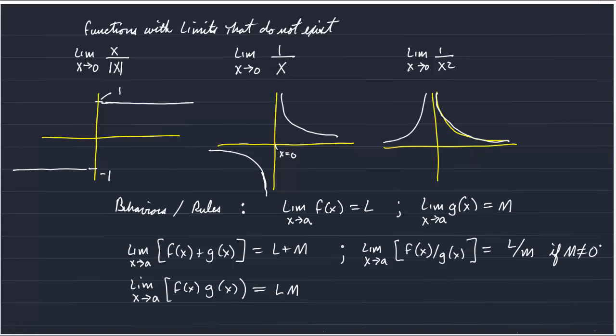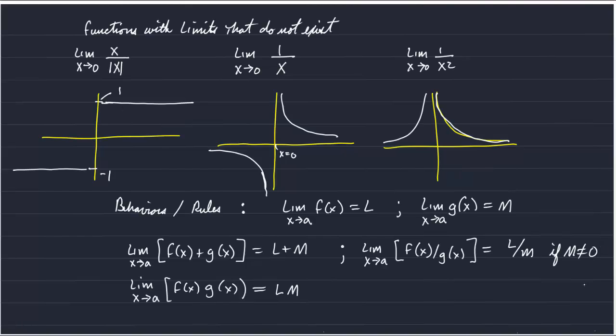Okay, so now let's talk about the indeterminate form. So the indeterminate form would be if m is equal to 0. So an example of a limit with an indeterminate form is the limit, as x approaches a, of f of x over g of x.